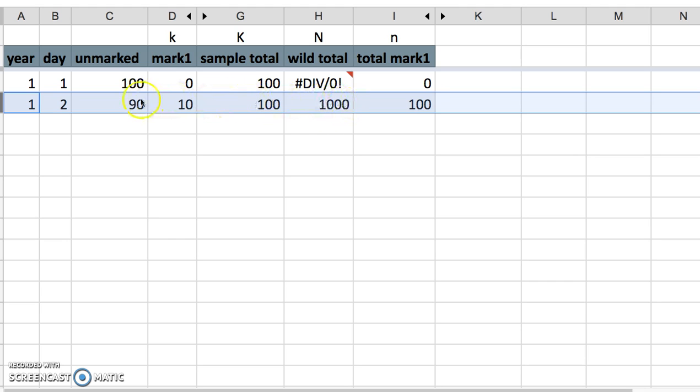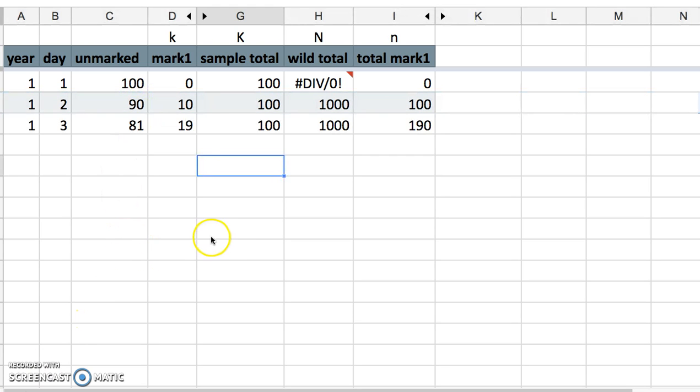So, we now have another 90 fish that we're going to release to the wild, so that on the third day, there's been a total of 190 minnows marked and released to the wild.